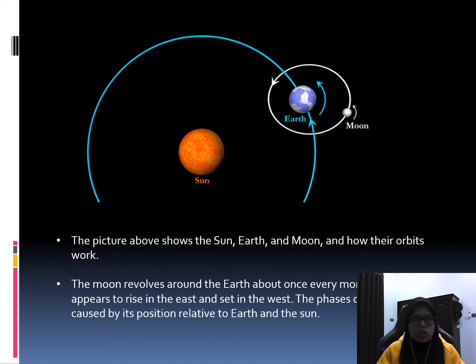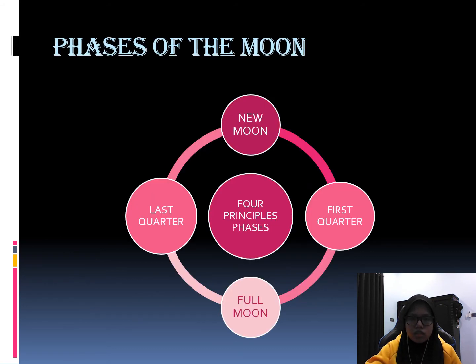The phases of the Moon that we will discuss are caused by its position relative to Earth and the Sun. The phases of the Moon consist of 4 different principal phases. The first is the new moon, the second is the first quarter, the third is the full moon, and the last is the last quarter phase.